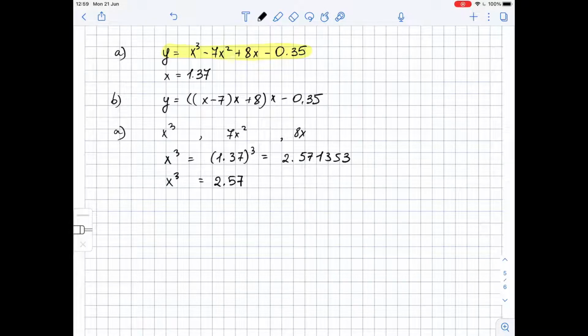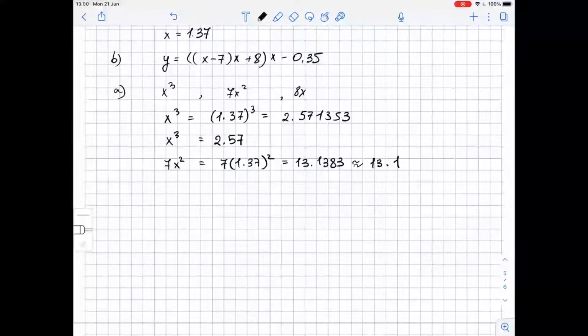Great, now let's do the same thing with 7x squared. So 7x squared equals 7 times 1.37 squared. This equals 13.1383, and since we use 3-digit arithmetic, this equals 13.1.